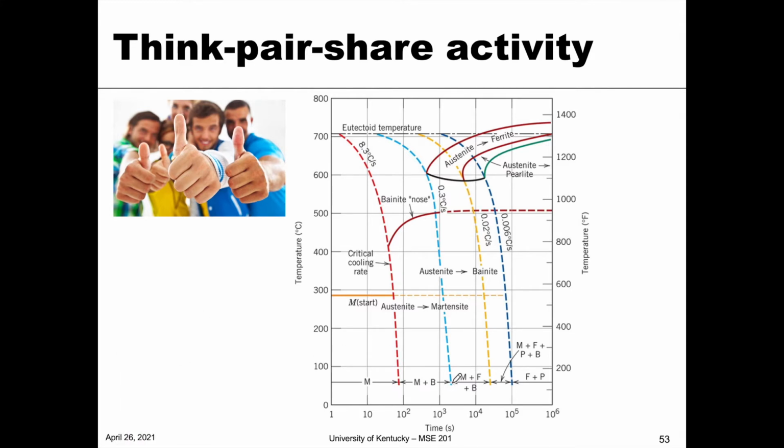So the first one was asking you about the slowest possible cooling rate, which was slower than this number here, right? So if we're at some cooling rate that looks like this, the first thing that we pass through is this austenite to ferrite, so we would expect ferrite. And then the second line represents the traditional austenite to pearlite range.